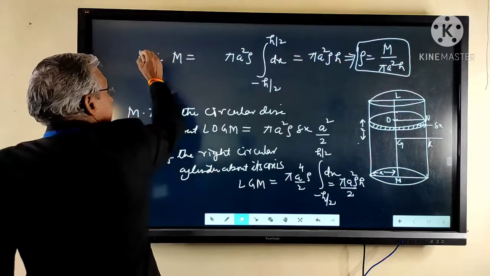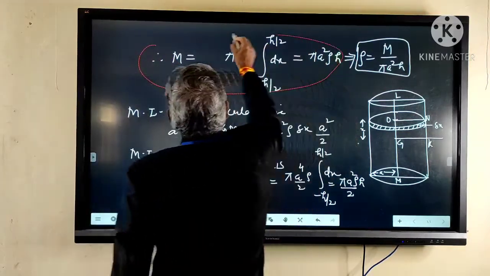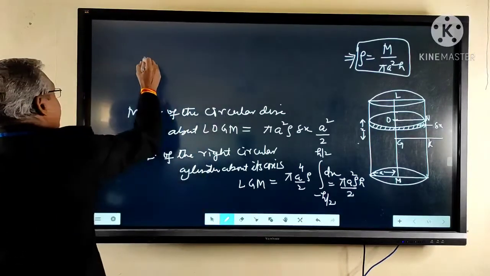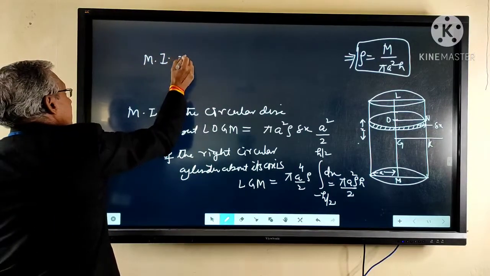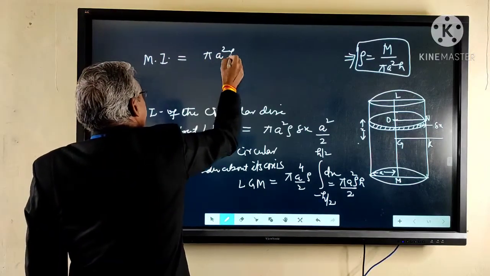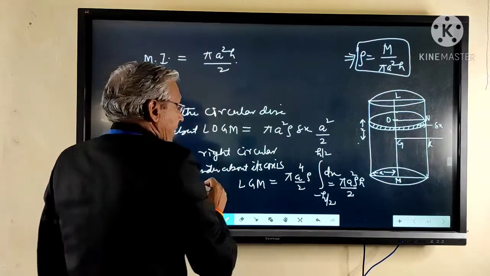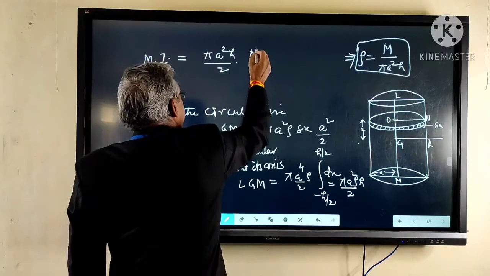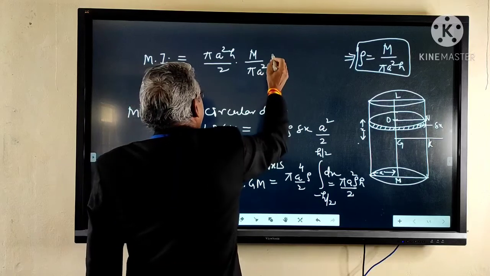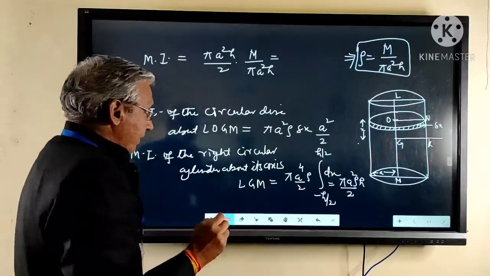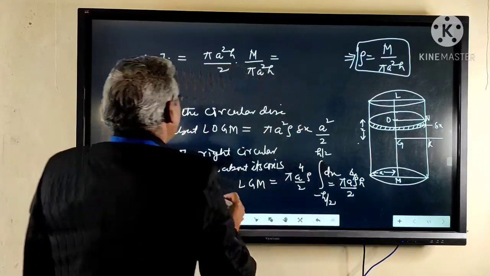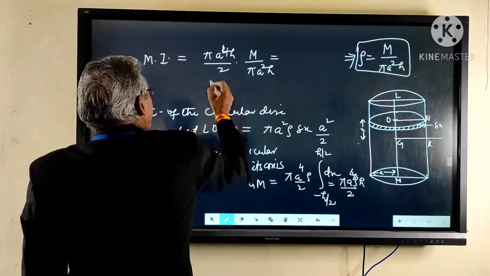After substituting the value of rho, we have moment of inertia equals pi a square h by 2 into m upon pi a square h, into a square.